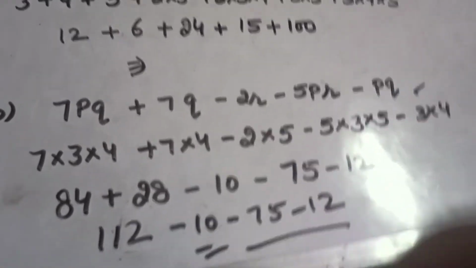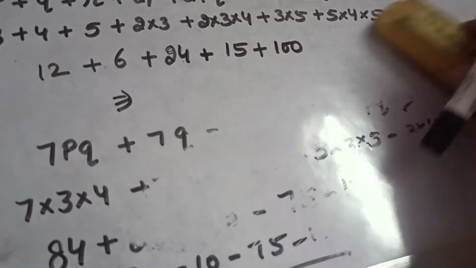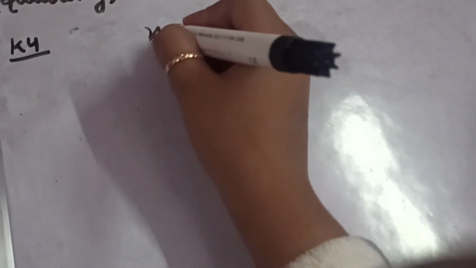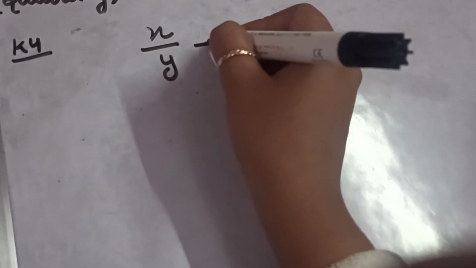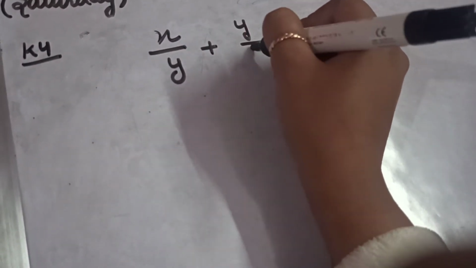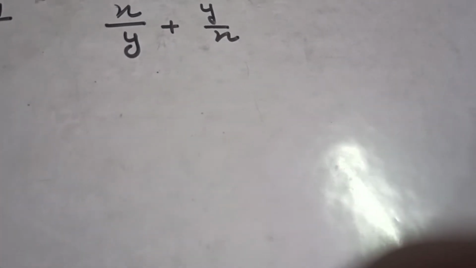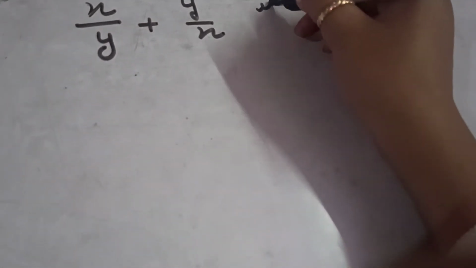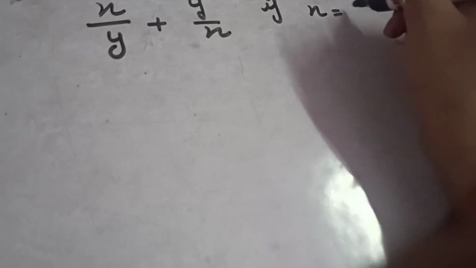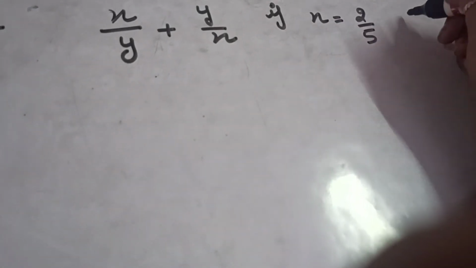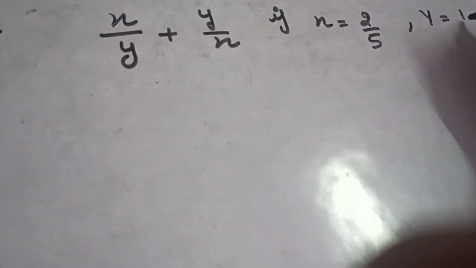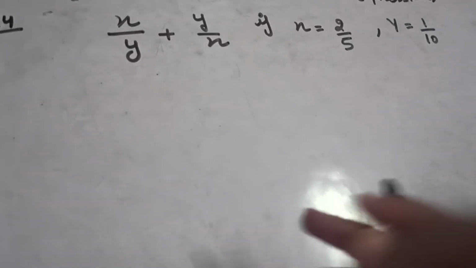Now come to the K4. The K4 is: find the value of the expression x by y plus y by x, if x equals 2 by 5 and y equals 1 by 10.